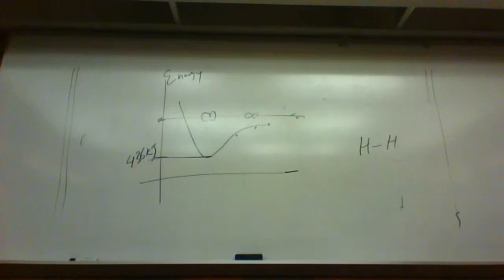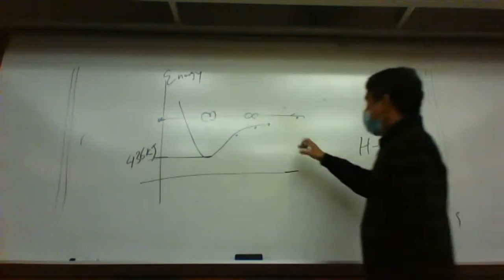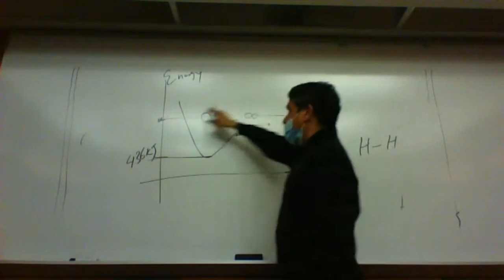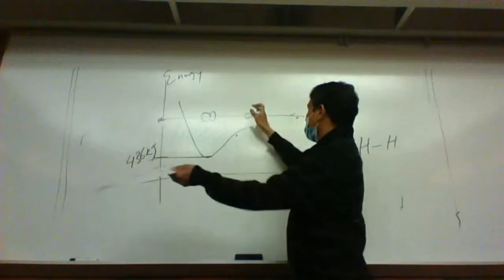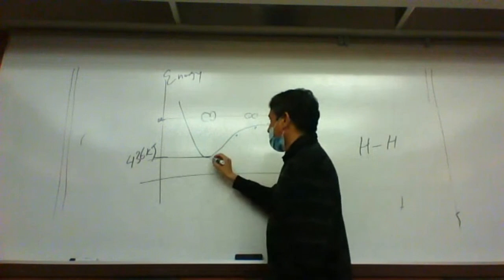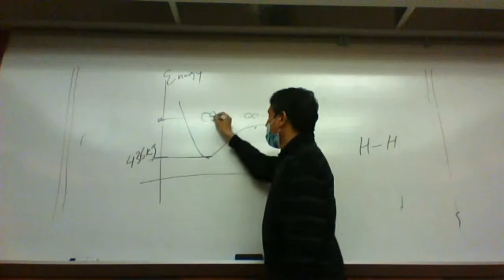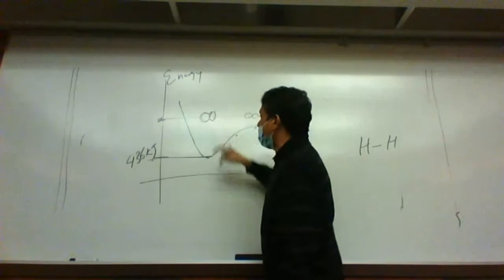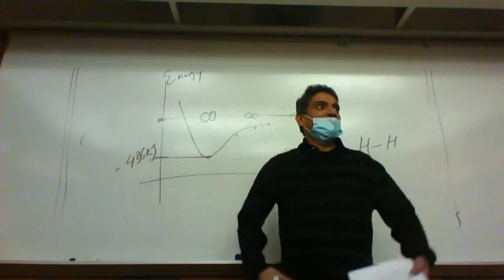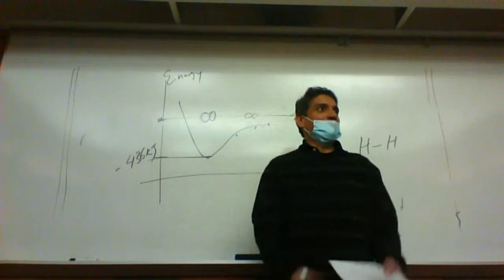Kilojoule per mole means that. Yeah? Make sense? So the hydrogen atoms were too far, so they have a lot of energy. And then we started to bring them together, so they started to lose energy. And at a certain point, when they just touch each other and form the bond, they lose 436 kilojoules of energy to be stable.